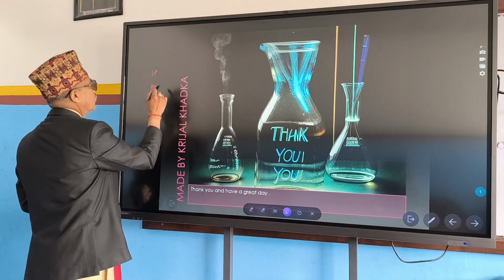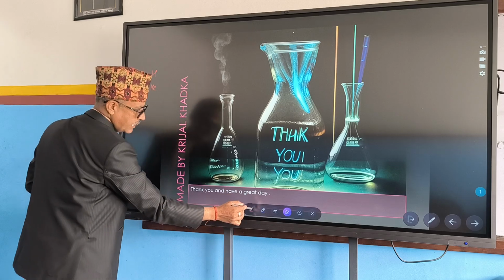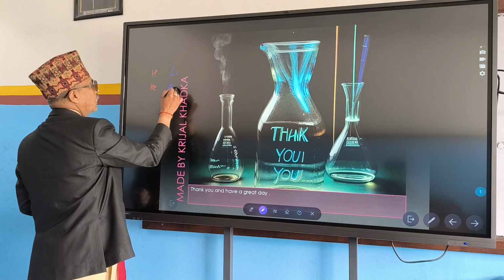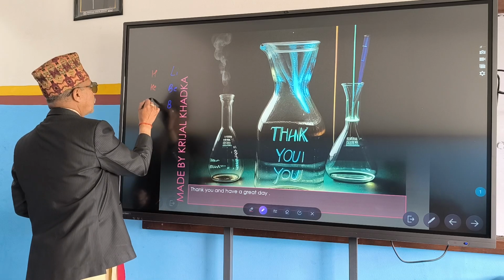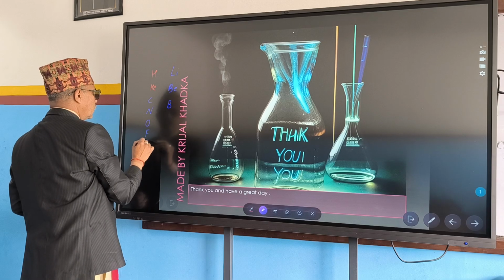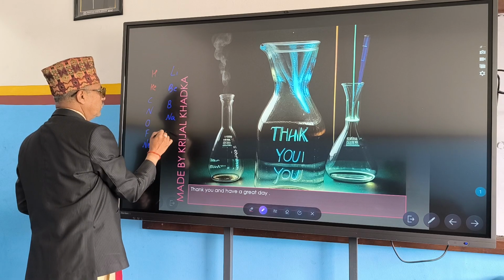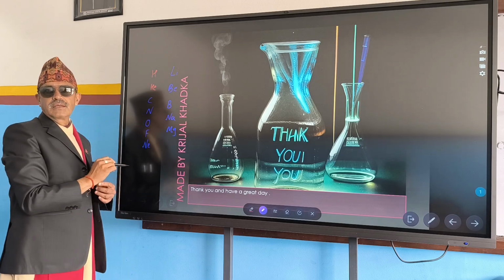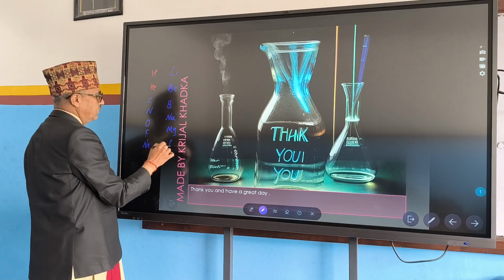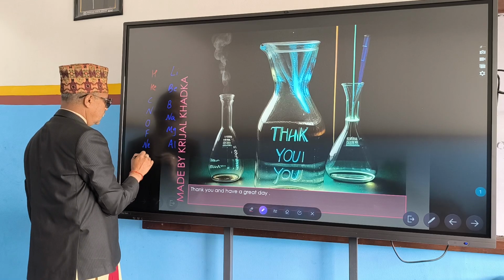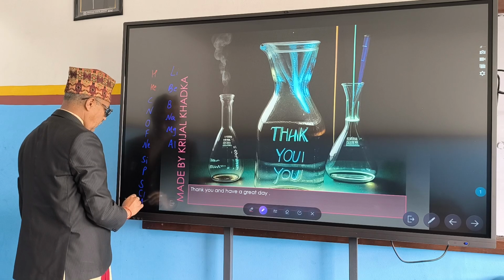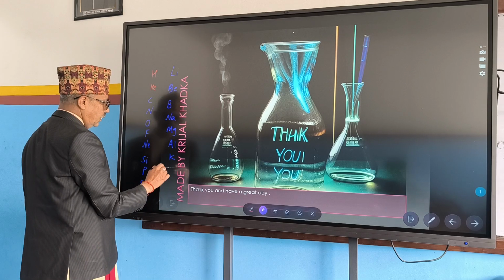Hydrogen, helium, then I am writing here lithium. Lithium this side. After lithium: beryllium, boron, carbon, nitrogen, oxygen, fluorine, neon, sodium, magnesium. I am just separating metals and non-metals. Sodium, magnesium, aluminium, silicon, phosphorus, sulfur, chlorine, argon, potassium, calcium.